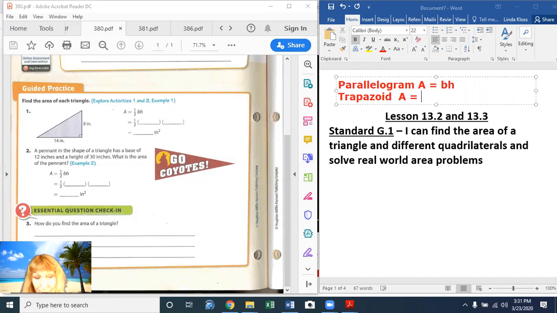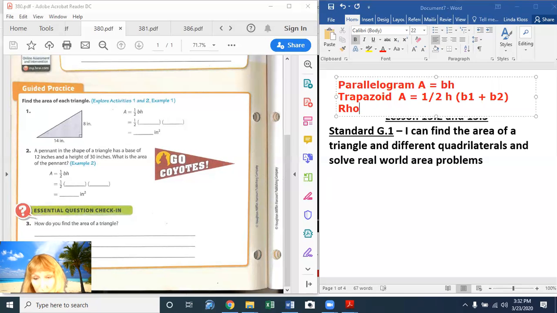What is it? Got it right here: 1/2 the height times base 1 plus base 2. And if you forget how we derive that, go back and look at video 1 and you will see how we got to that point.